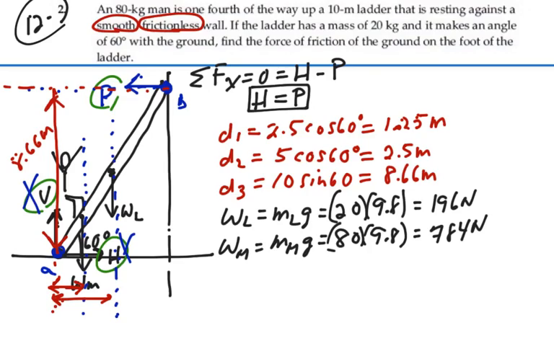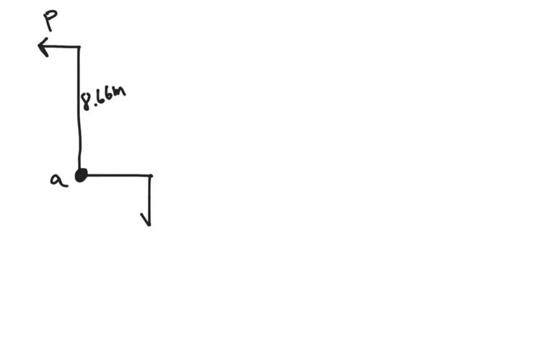Let's clear this off. Let's do a torque diagram. Here's point A. I've got a moment arm to force P, and that moment arm is 8.66 meters. I've got another force over here, the weight of the ladder, which is equal to 196 newtons, and the moment arm to that is 2.5 meters.